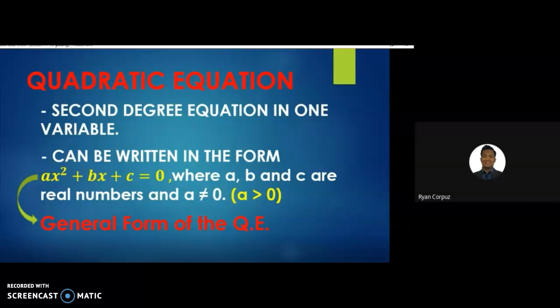By the way, it is a quadratic equation if your a is greater than 0 because we are only focusing on quadratic equations whose a is positive. I'm not saying that if your a is negative, it is no longer a quadratic equation. We are only going to focus on quadratic equations whose a is positive. That's why a is greater than 0. So as I was saying, the given equation ax squared plus bx plus c is equal to 0 is the general form of the quadratic equation.